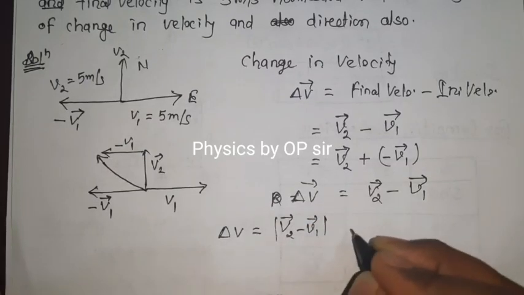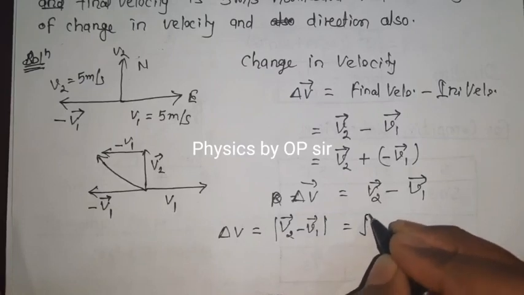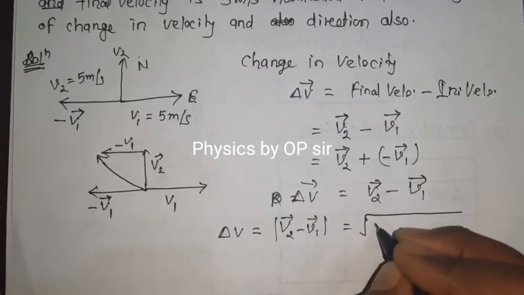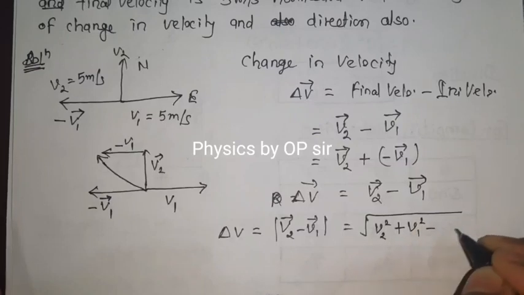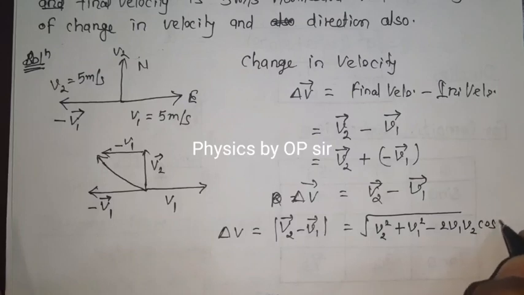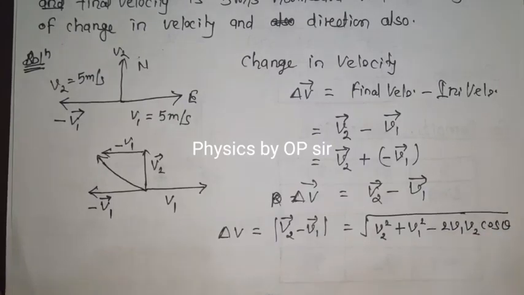These are the two vectors, and subtraction of these two vectors we have discussed: root of v2 square plus v1 square minus 2 v1 v2 cos theta. Here the value of theta is 90 degree, because the angle between v1 and v2 is 90 degree.